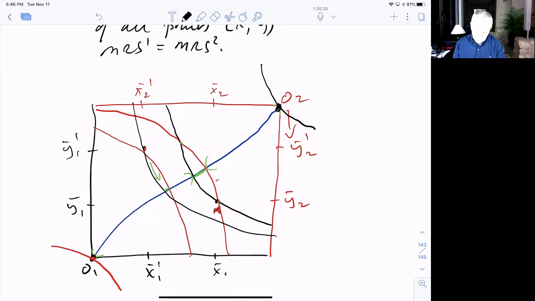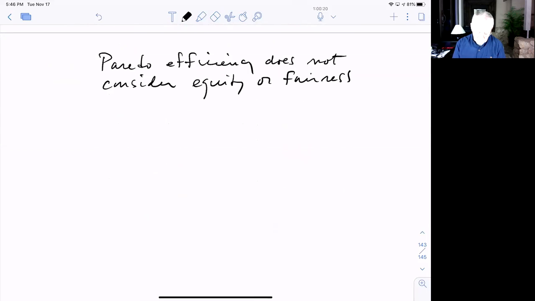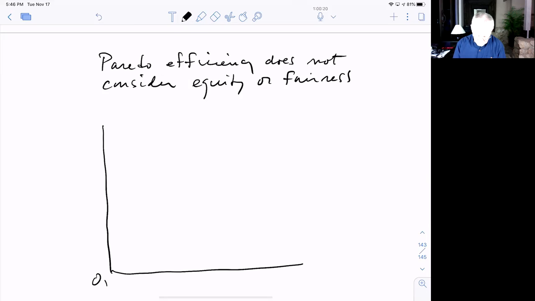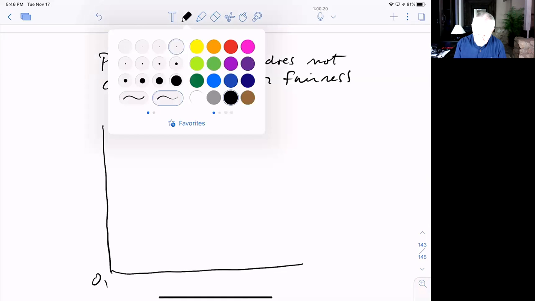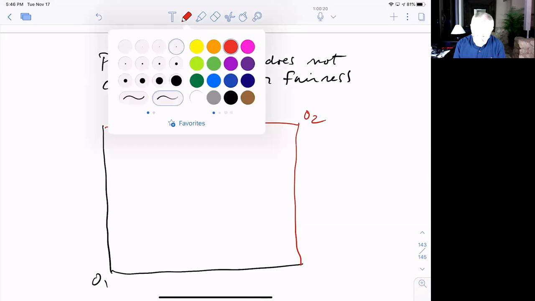Now, let's think about our box here one more time and think about the contract curve. So here's the origin for 1, and here's the origin for 2. Here's our contract curve.